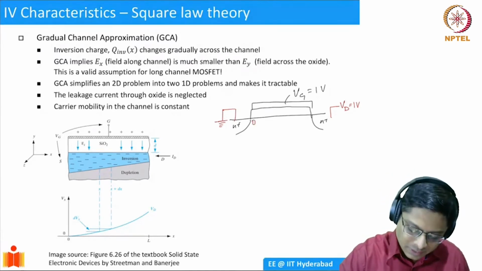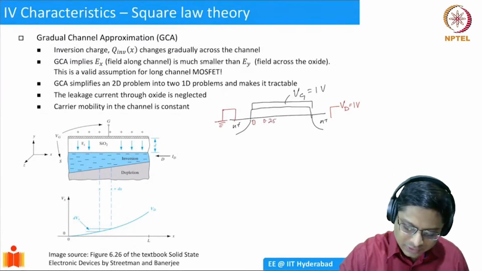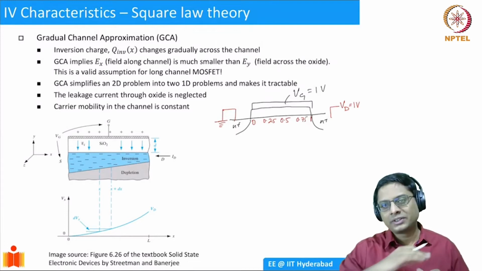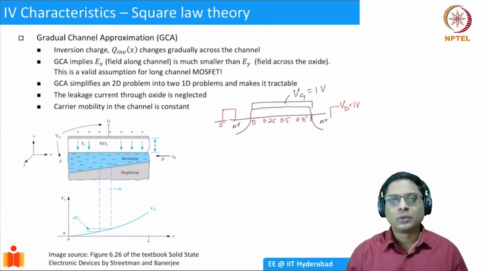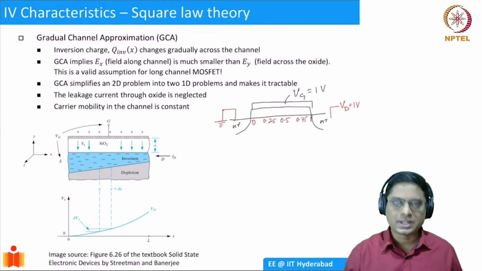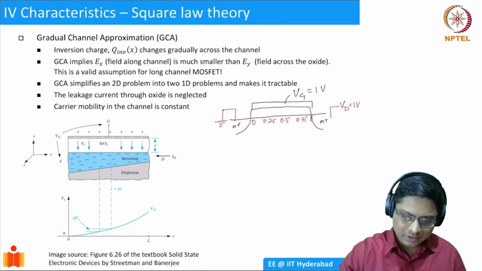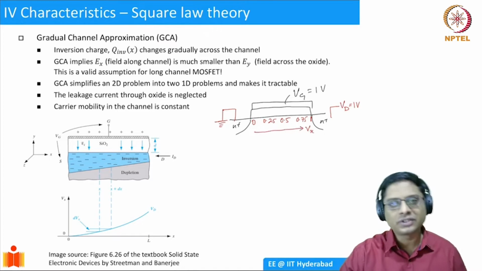Somewhere in between it is 0.25, somewhere else 0.5, 0.75, and 1 volt when you come to the drain. So essentially there is a variation of voltage across the channel, which we called Vx.